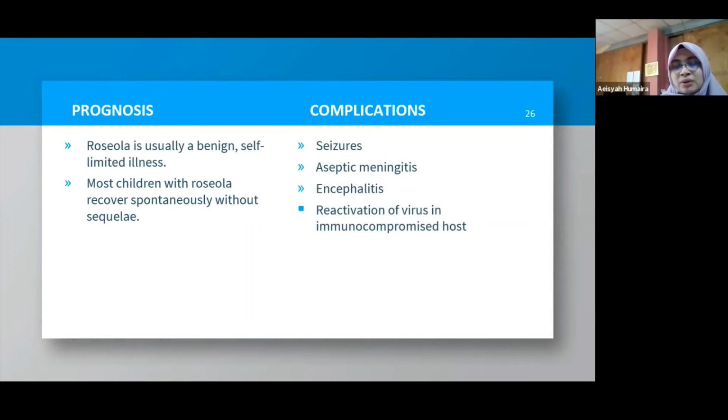Seizure often occurs during the febrile illness, because it is associated with the fever. Another complication is aseptic meningitis and encephalitis. Encephalitis can occur in normal patients, or it can occur because of reactivation of the virus in immunocompromised hosts.